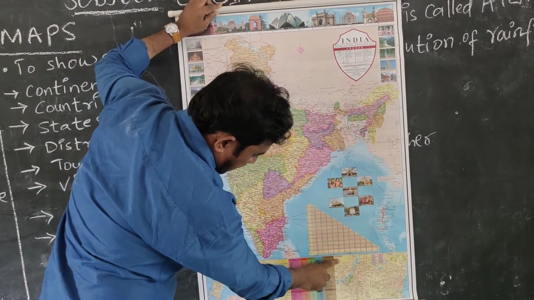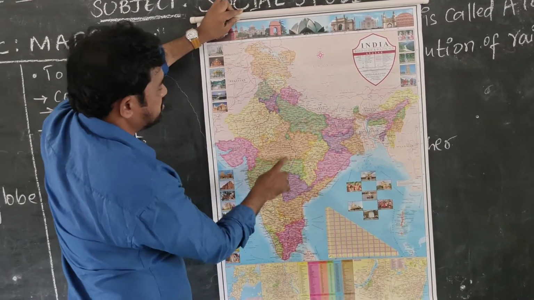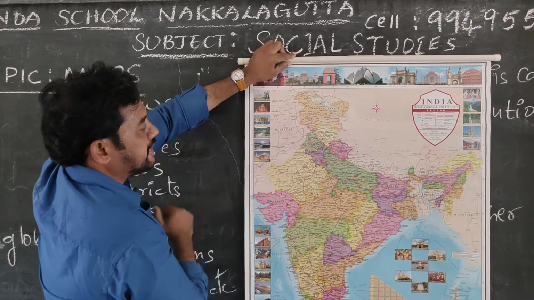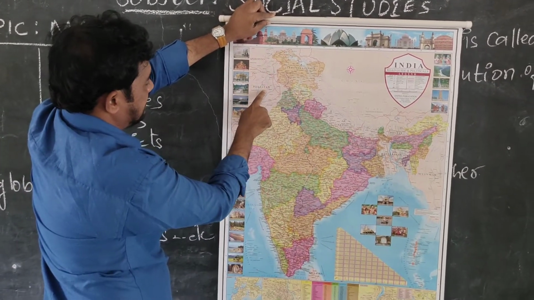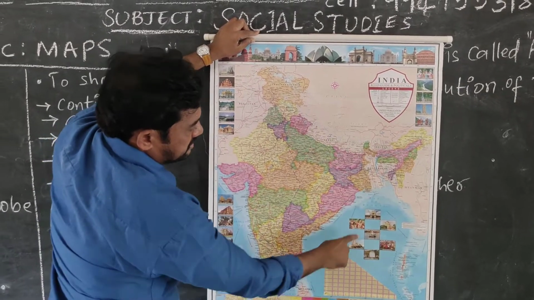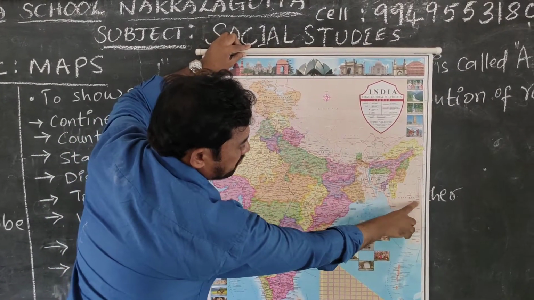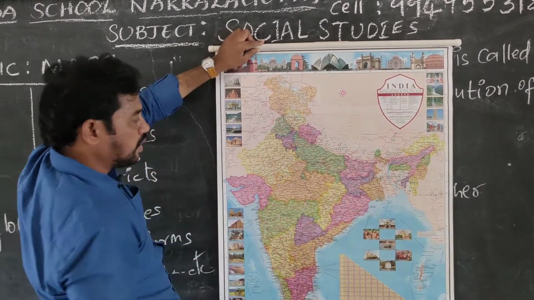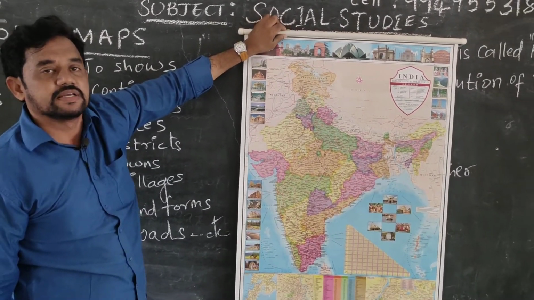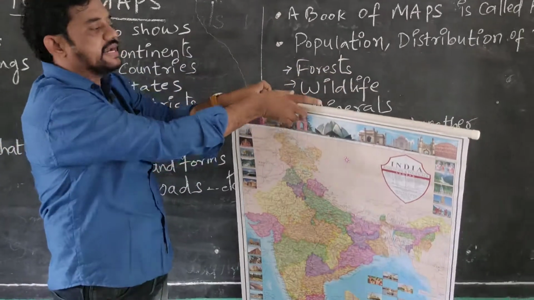Yes, Kolkata, we have Sri Lanka, Madhya Pradesh, and here we have the other countries which are near India, Afghanistan, Pakistan, Tajikistan, China, Bangladesh, Myanmar, we have the Bay of Bengal. Now, is it providing you a very good picture or not? Yes, this is our Indian map.